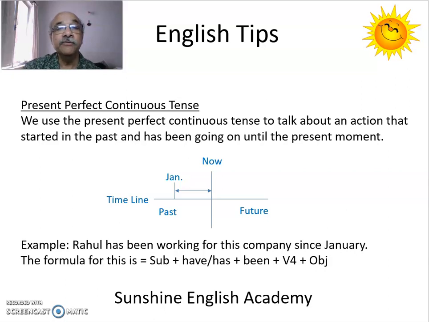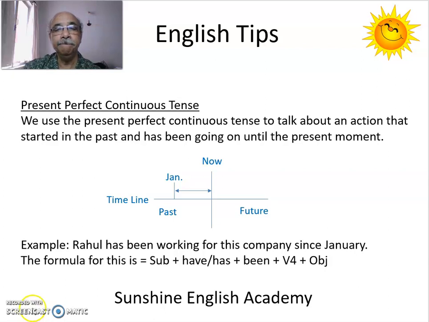The present perfect continuous tense says nothing about the future of the action. That is, whether the action is going to continue happening in future or not.